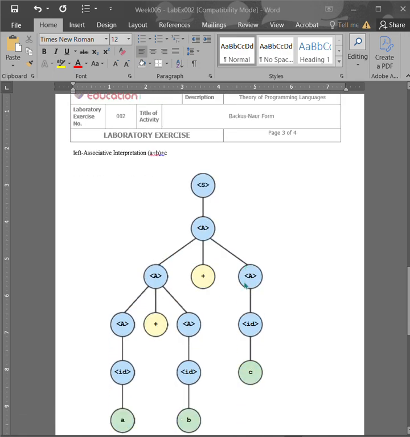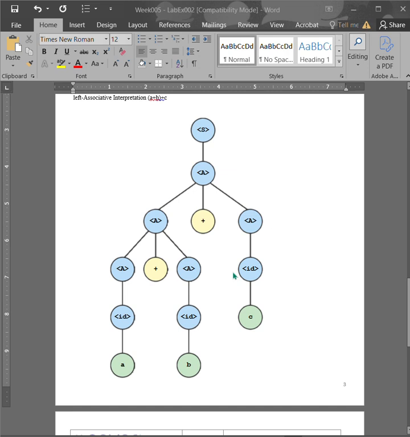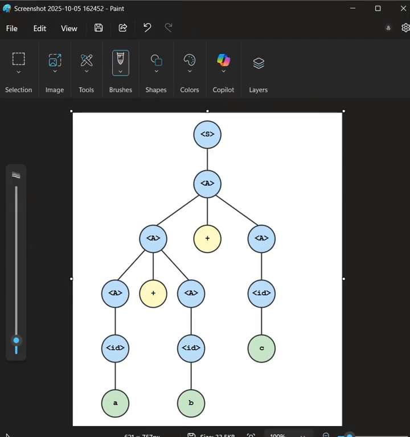In leftmost derivation, we always expand the leftmost non-terminal symbol first. So I have it here. Let's do the demonstration.